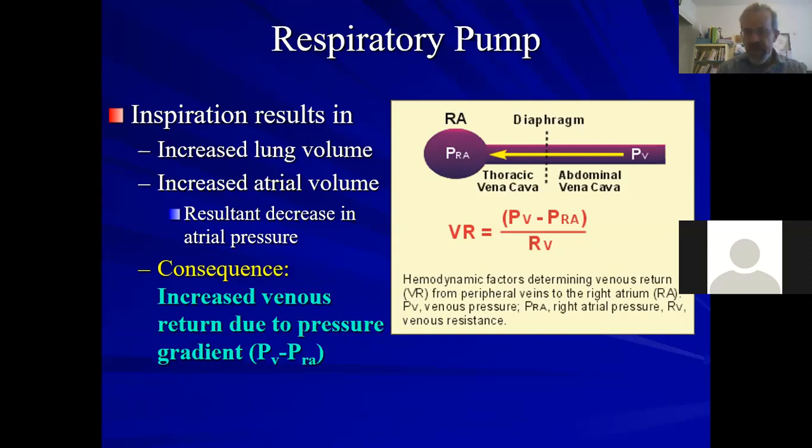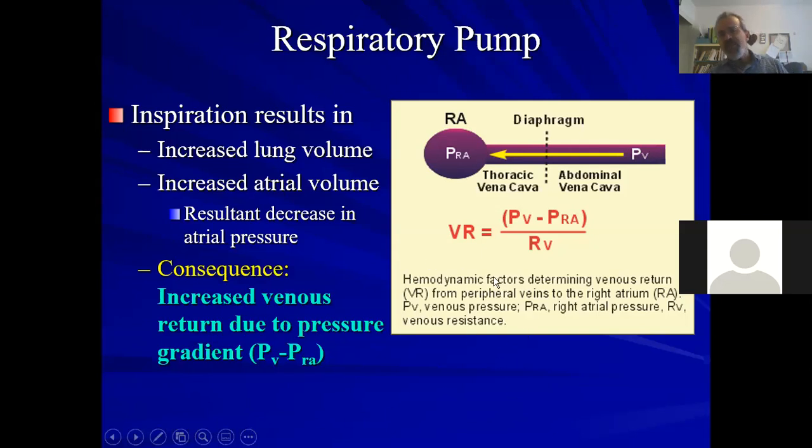When your lung volume increases, this also causes an increase in the size of the atria. There's an inverse relationship between pressure and volume. If you increase the volume of a structure, it decreases the pressure on the walls. So when you increase the size of the atria, that decreases the pressure. That works almost like a suction, pulling the blood up from the lower extremities towards the atria. So it's a pressure gradient.